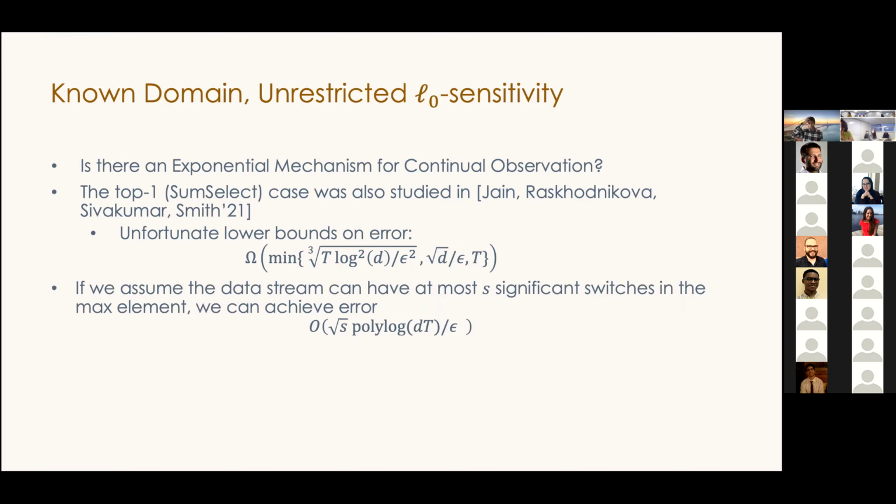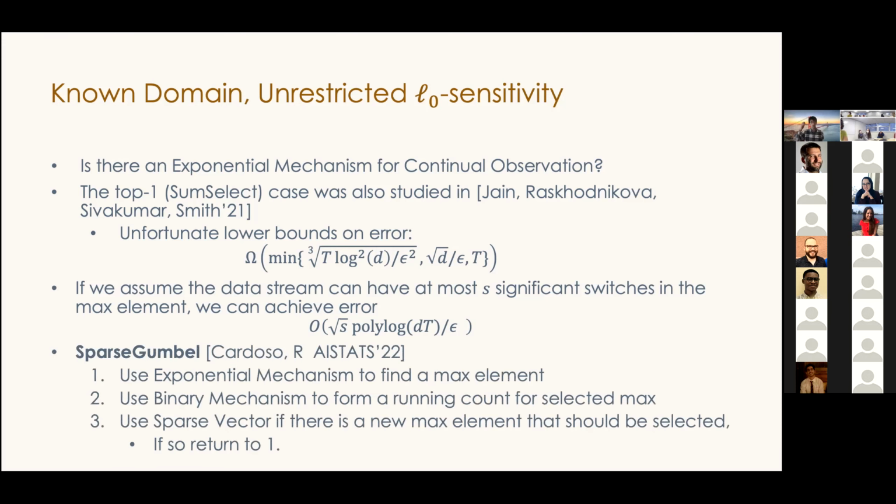But maybe if we assume some more structure on the data stream, something like what we call switches. If the max element changes at most S times, then we can get error with the rates that we would want, polylogarithmic with the stream size, but there's now this pesky number of switches parameter.